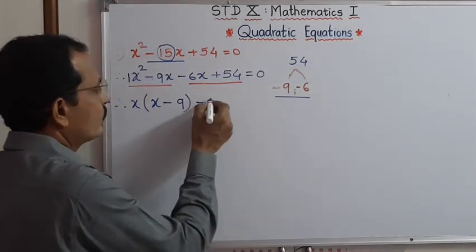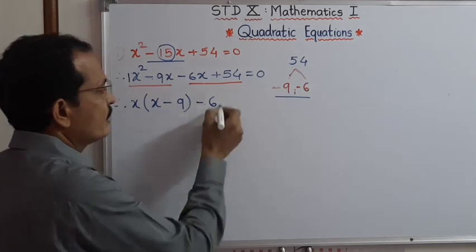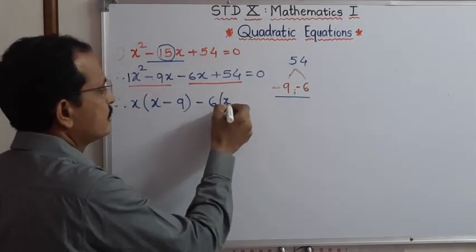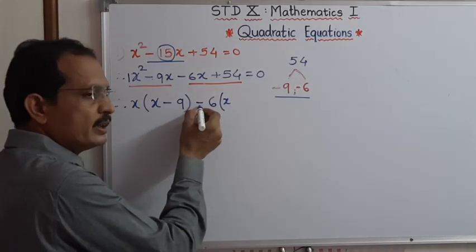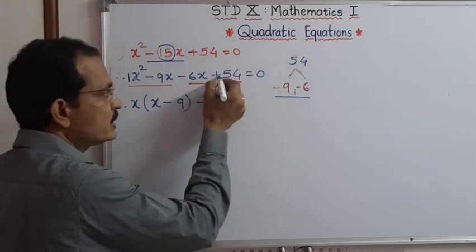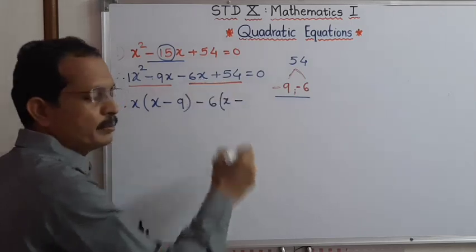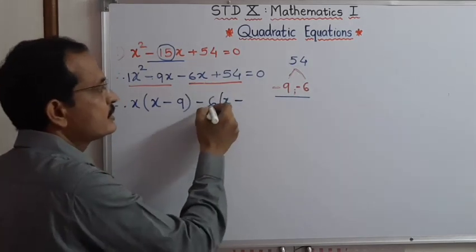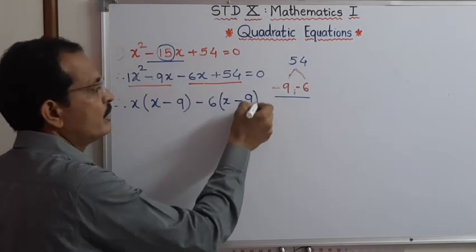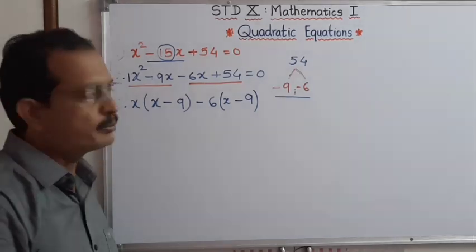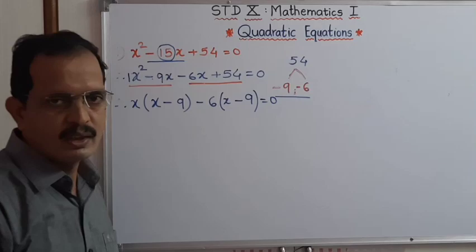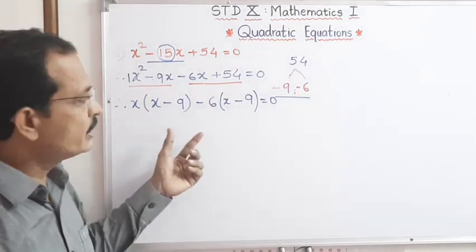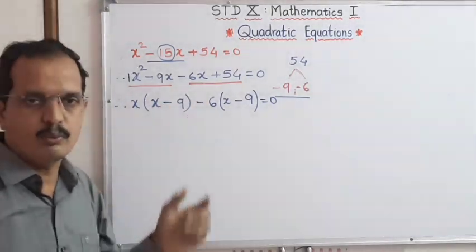Therefore we take out 6 as common, then it is x. Now most important thing, dear student, we take out the minus sign at the bracket, therefore this plus sign gets changed to minus, and 6 nines are 54, therefore we write here x minus 9 equal to 0. I think everyone understood how to find the common.